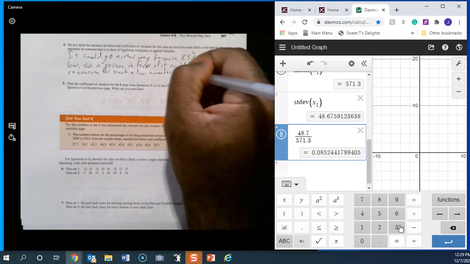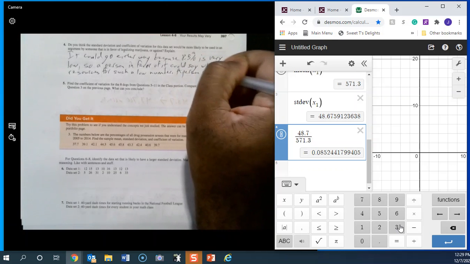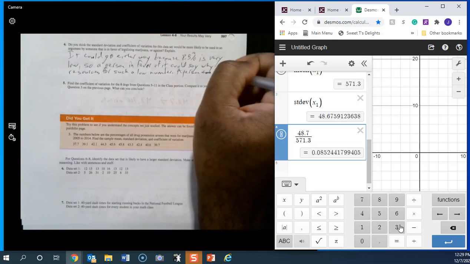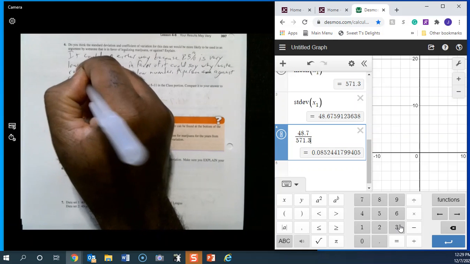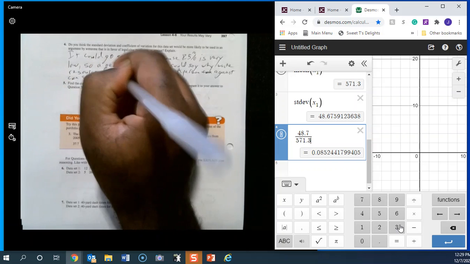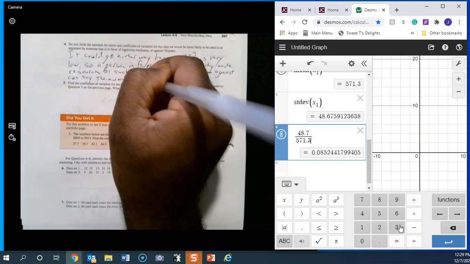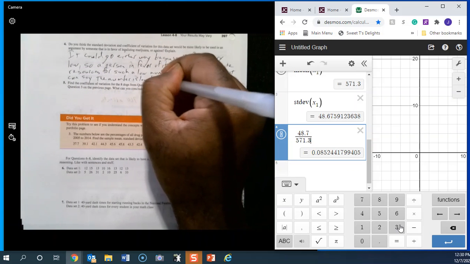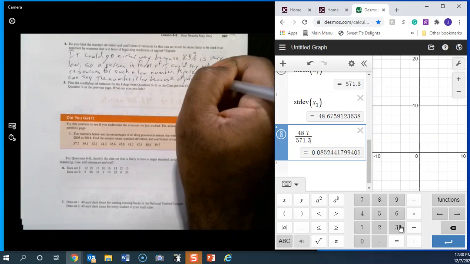A person against can say the number is low because of police diligence.